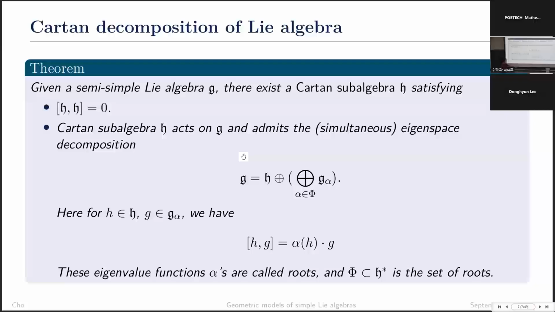What I mean by eigenspaces: when you have this element H of this Cartan subalgebra, and you have this vector G in this eigenspace g_alpha, then taking a bracket of H and G is again G, but whose eigenvalue is given by this function of H. Right? So this alpha is kind of an eigenvalue function, and this eigenvalue function is called a root. And so alpha is a root, and this Phi is the set of roots.